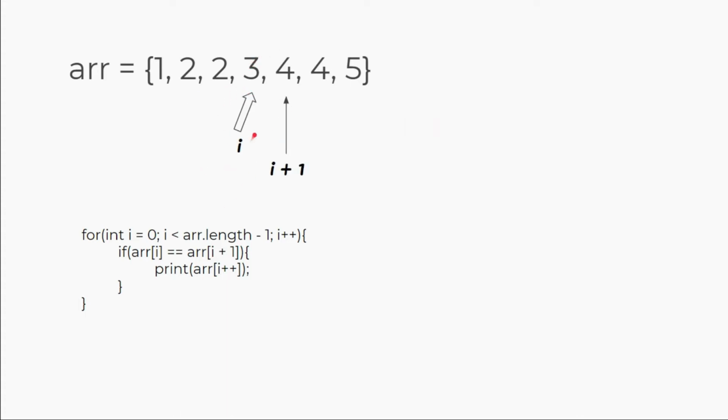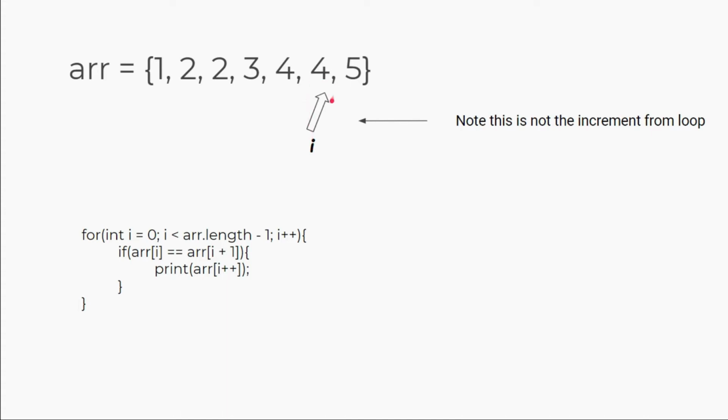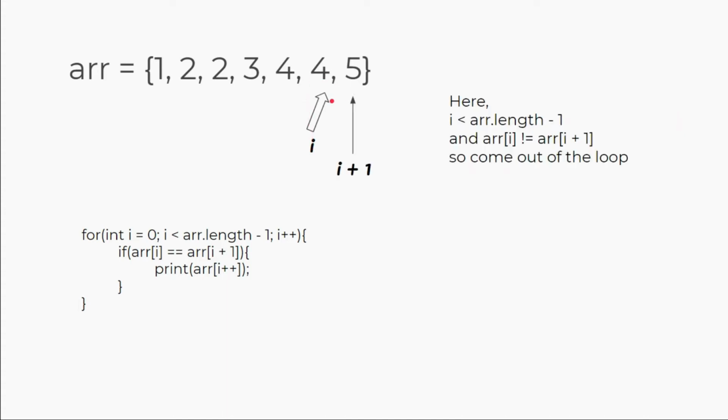Then the loop counter will increase i further, so we skip the duplicate element and we are now on the new element. If we don't get the same element, we won't increase it by 1 and will continue up to length of array minus 1. So let's see this in code.